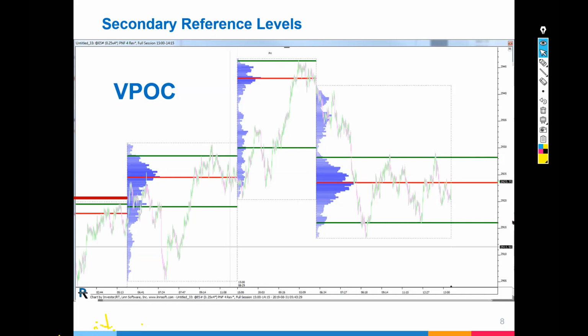I don't mean to belittle it, but it is not one of my favorite reference levels, because notice what happens at a VPOC. We tend to see a lot of fluctuation, so it's not a very reliable one. Yes, at times it does prove reliable, and so it's something that I keep an eye on, but I really don't consider it one of my primary reference levels from the profile. For me, it is what I define as a secondary level.